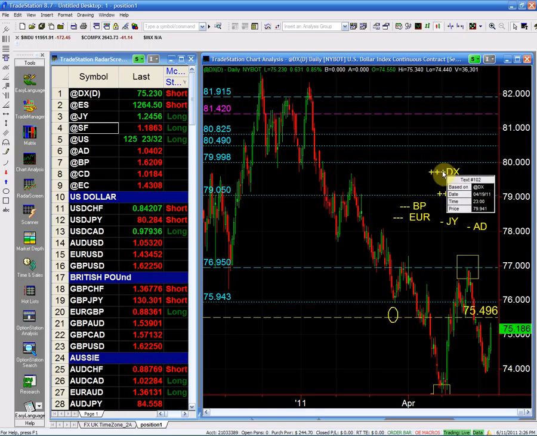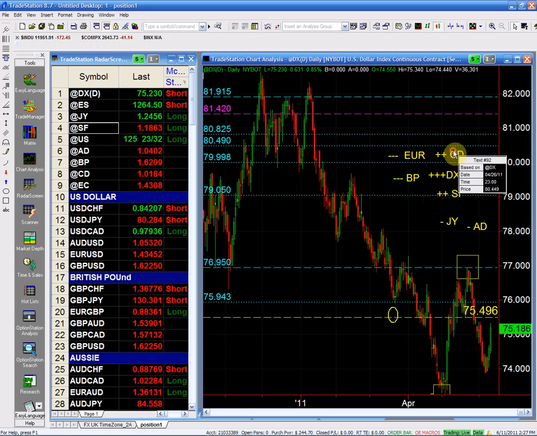Also, I didn't put the CAD here, so I can be looking at going short the euro CAD. I can also be looking at going short the pound CAD. But my first choice would be the pound dollar, the euro dollar, then the euro CAD, then the pound CAD.